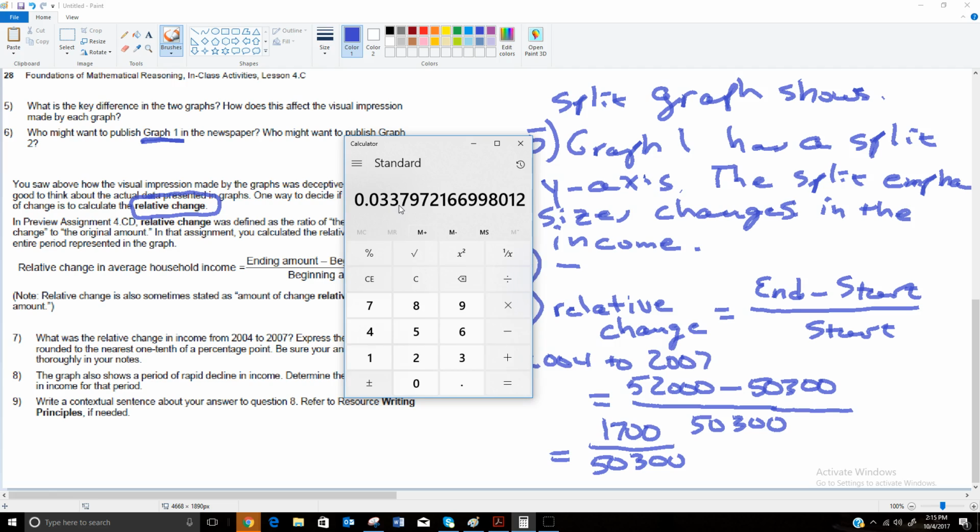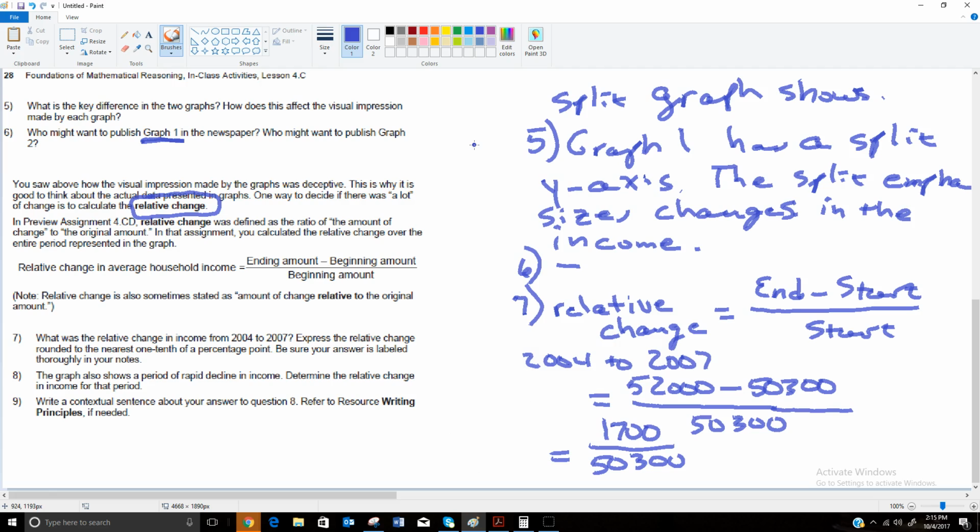So I'm going to round this 3 up to 4, and I'm going to write this as 0.034. So this is approximately 0.034, which is 3.4%. So it was a 3.4% change, which is not insignificant, but it's not a huge change.